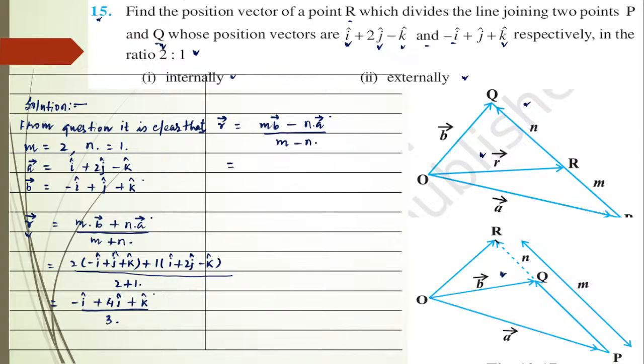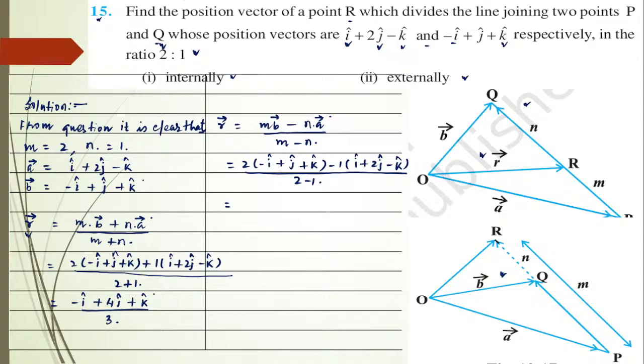Now putting the values of m, b, a, we get: the value of m is 2 and the value of b is minus i plus j plus k, minus the value of n, which is 1, and the value of vector a is i plus 2j minus k, by 2 minus 1.